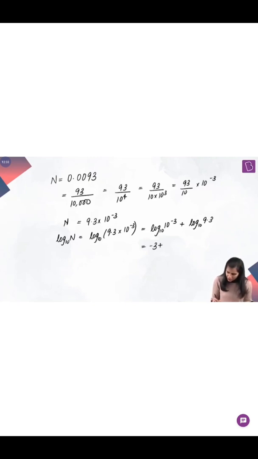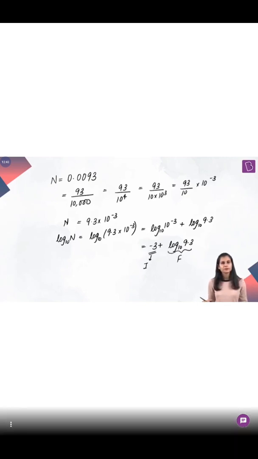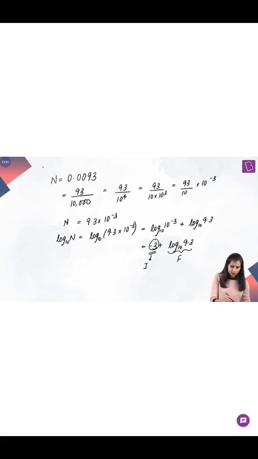This gives me minus 3 plus log of 9.3. Obviously, this is your integral part and this is your fractional part. You wanted the characteristic, and that's how explicitly you can get the characteristic. In fact, you are able to look at the Mantissa value also very clearly. It's the logarithm of 9.3 to the base 10.